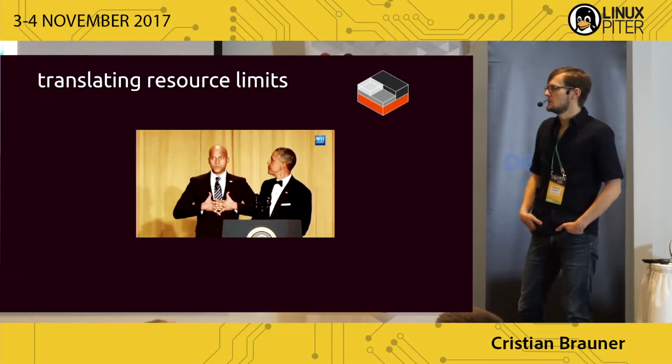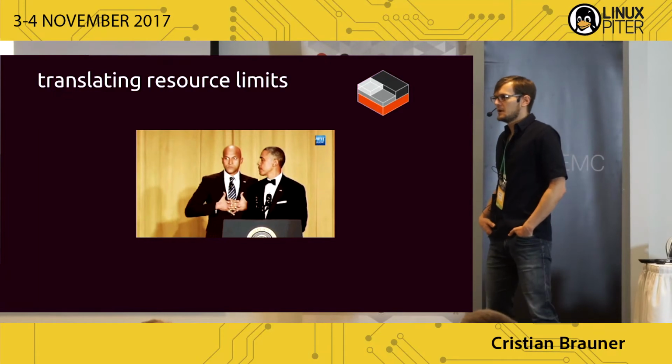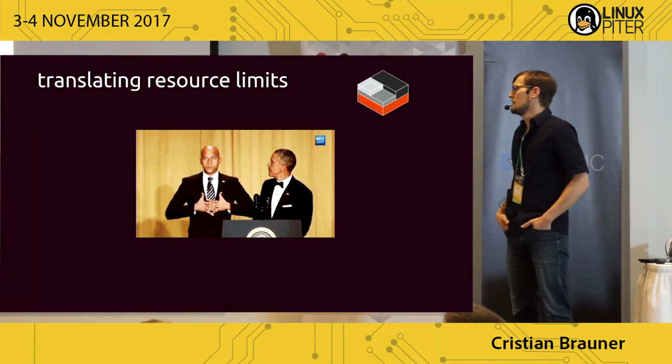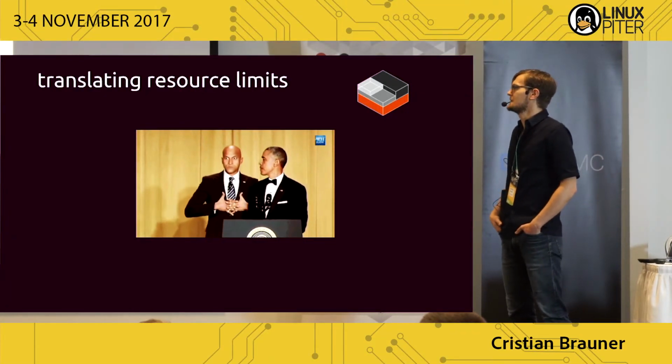So you had to do a lot of dancing around, like creating an inner cgroup and an outer cgroup, so that you can't escape your limits, which was not very nice, and especially when cgroup namespaces came up, it didn't really work nicely anymore.